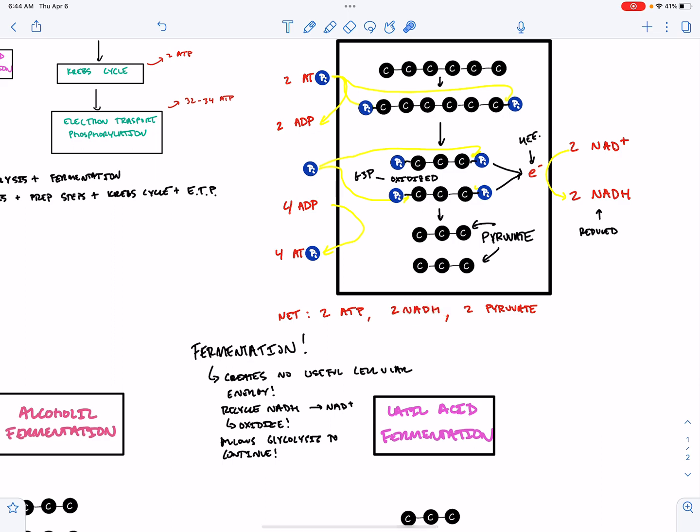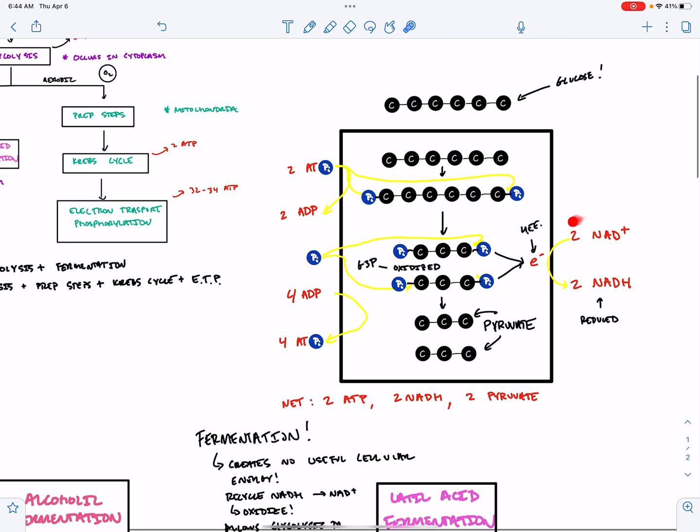Glycolysis can't keep working unless there is a free supply of NAD plus here. This step, moving from G3P to pyruvate, requires the presence of NAD plus. And if all the NAD plus in the cell is booked up, holding electrons as NADH, glycolysis can't proceed.